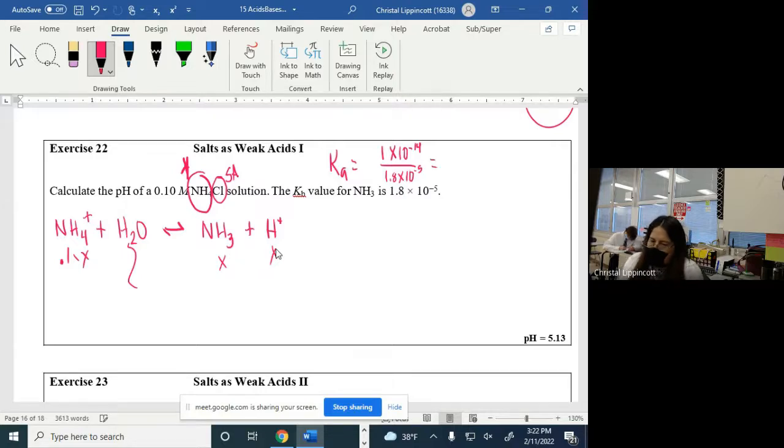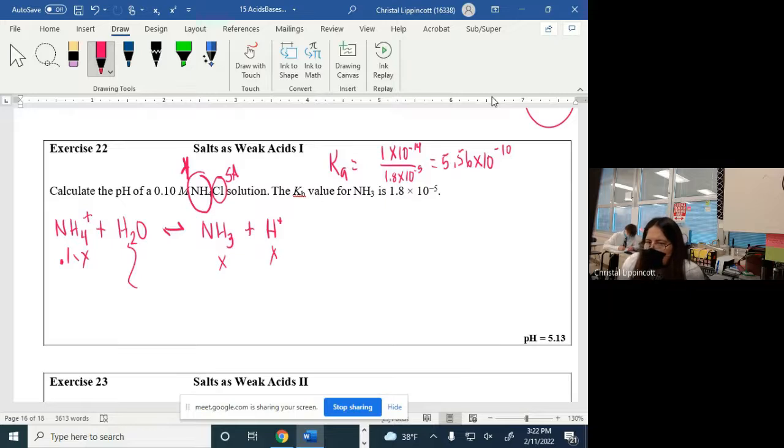That will give me my Ka value. And I end up with 5.56 times 10 to the minus 10.